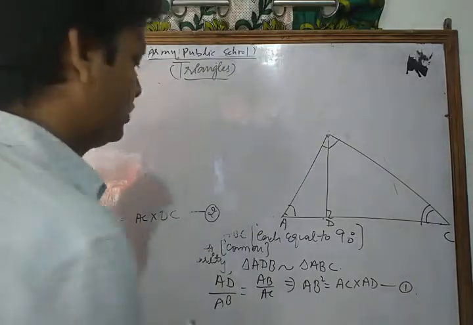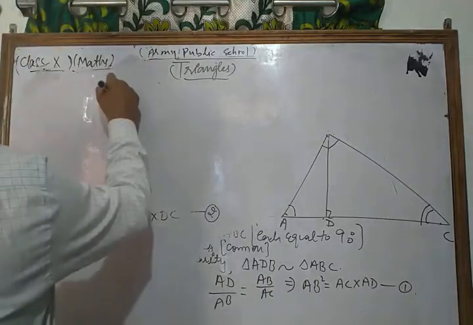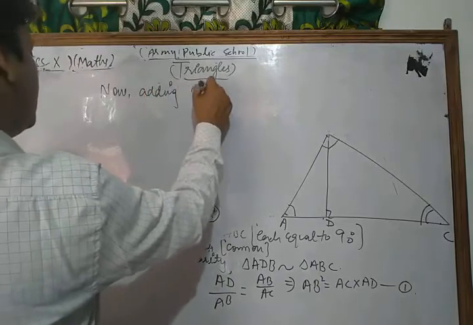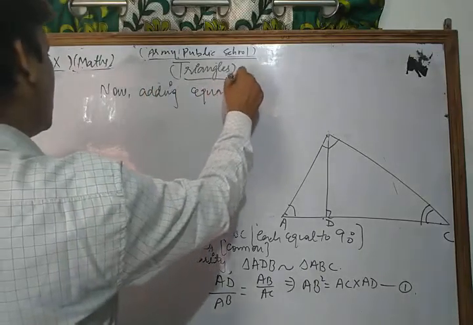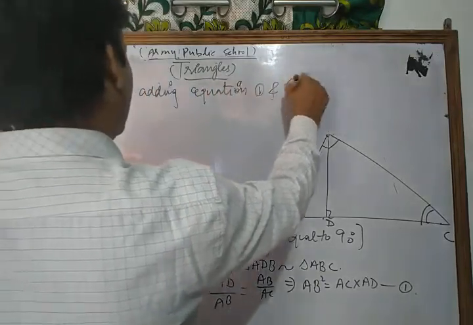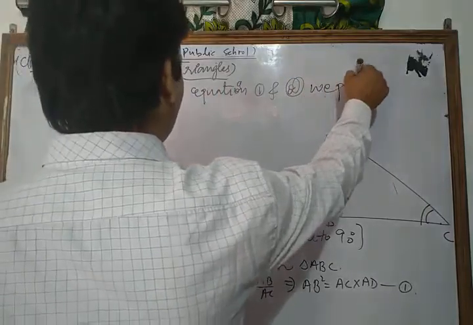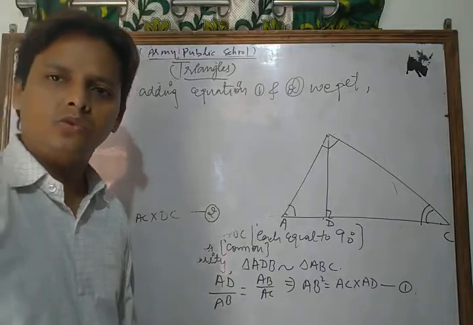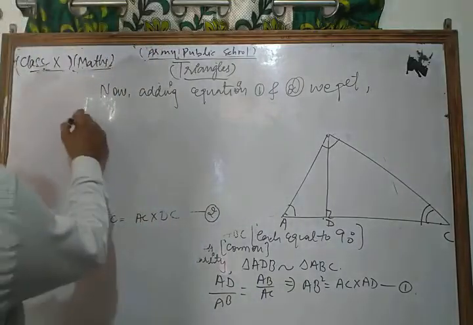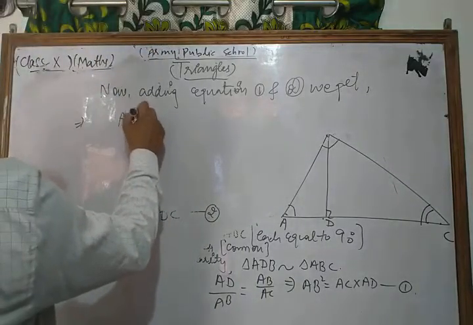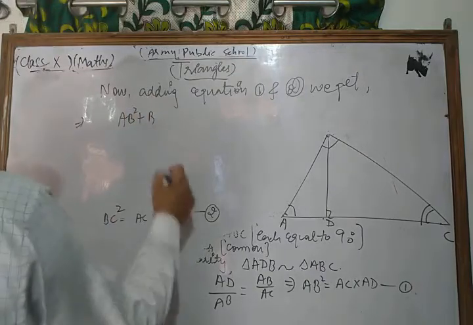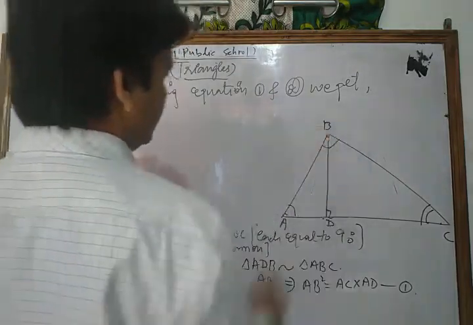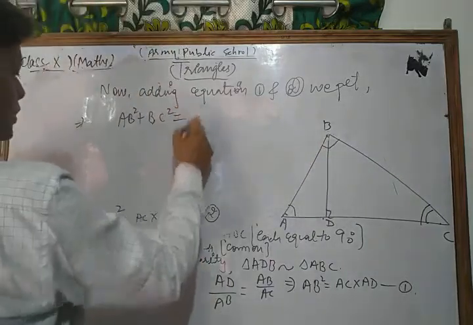Now dear friends, adding equation 1 and 2, we get AB square plus BC square.